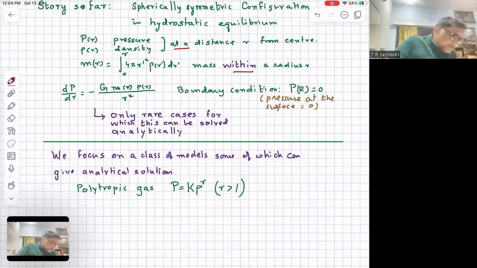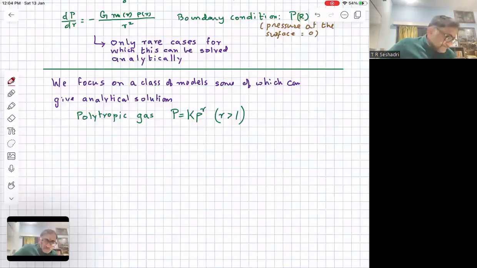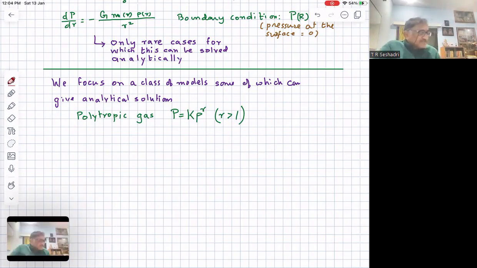So this is going to be the aim of today's talk. Fine. So this class of models, for which I will do this exact analytic calculation, is something called the, okay, just a minute.